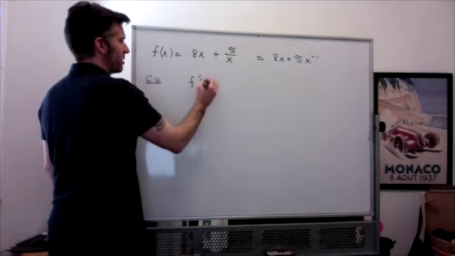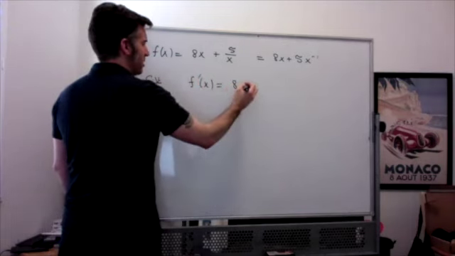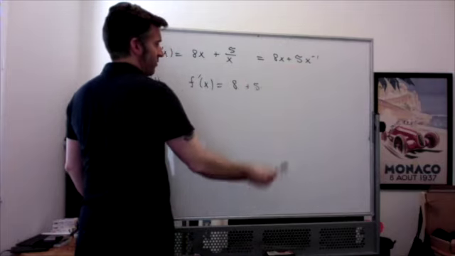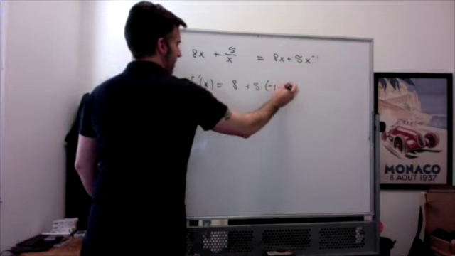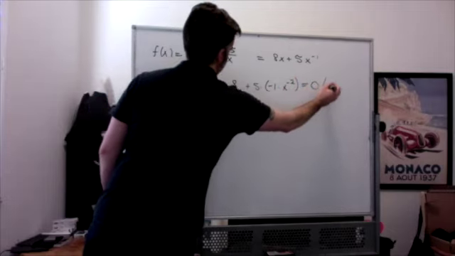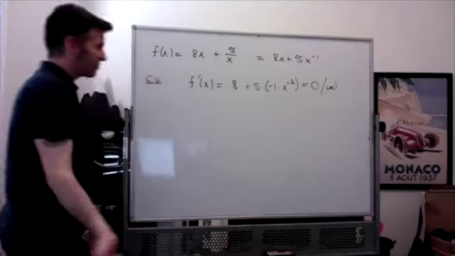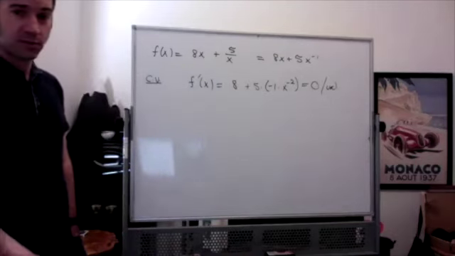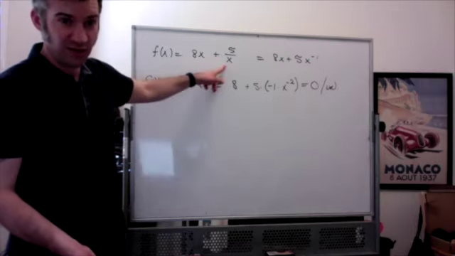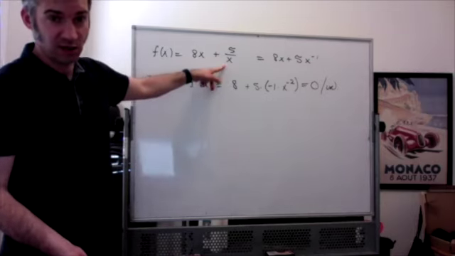The derivative is going to be 8 plus 5 times the derivative of x to the negative first, which is -1 times x to the negative second. I'm setting that equal to 0 or undefined. There is a place where this is undefined. It's where the original function was undefined, at 0.